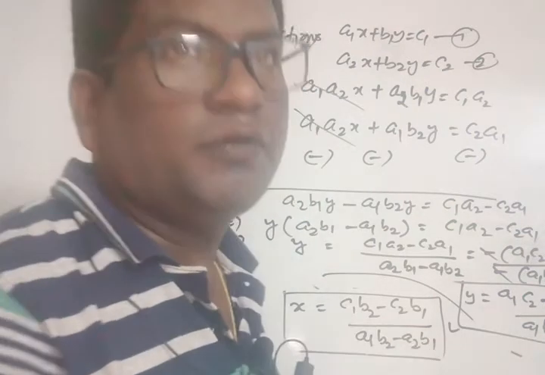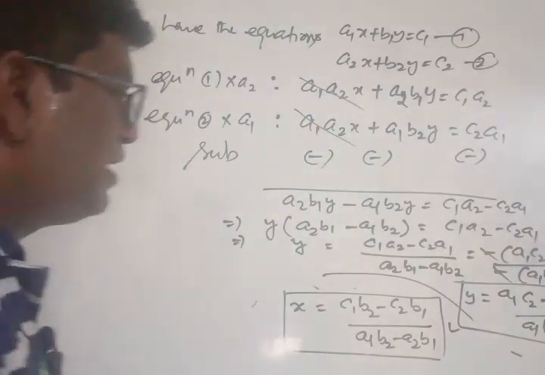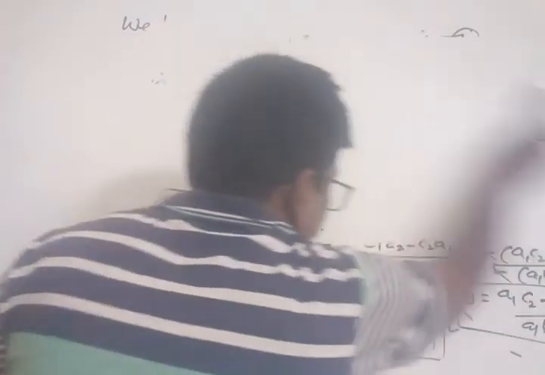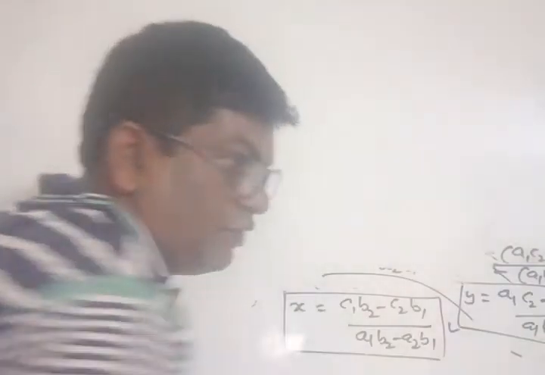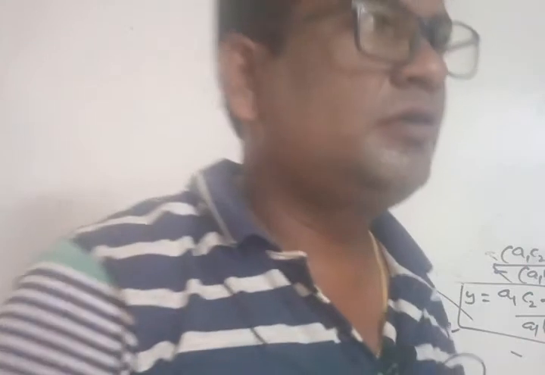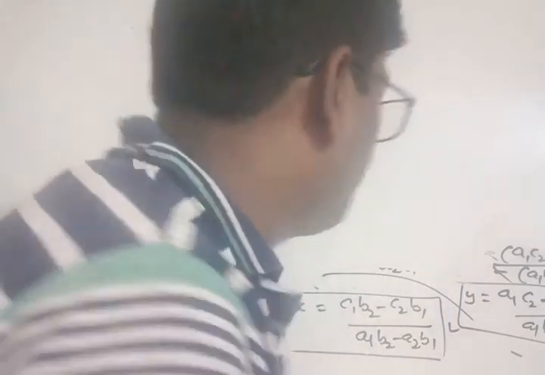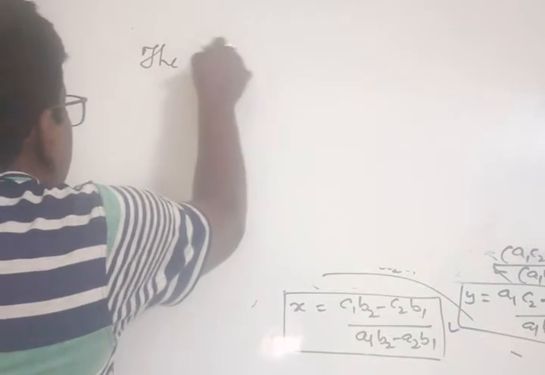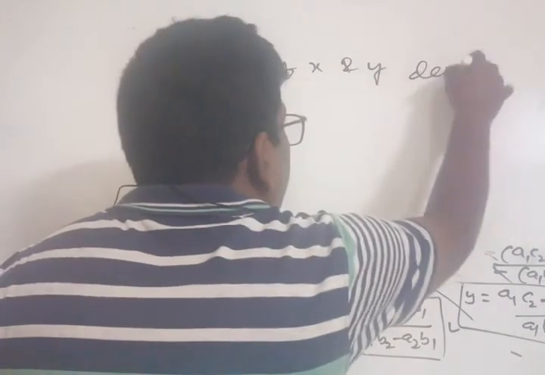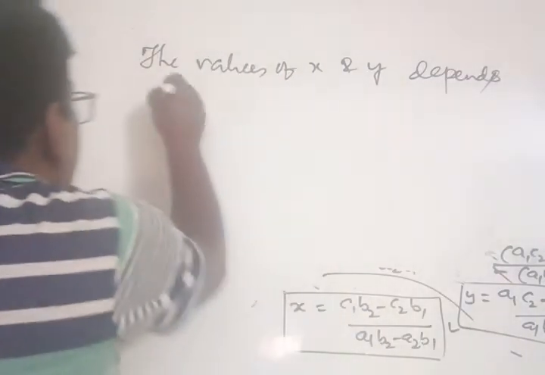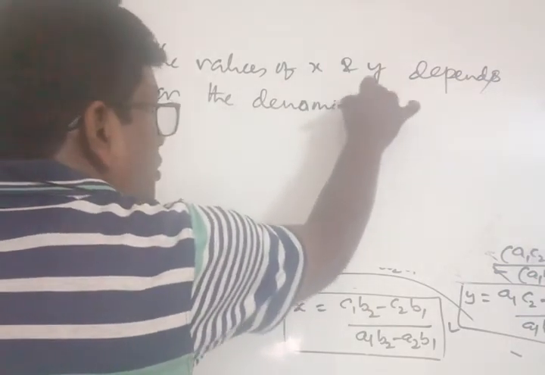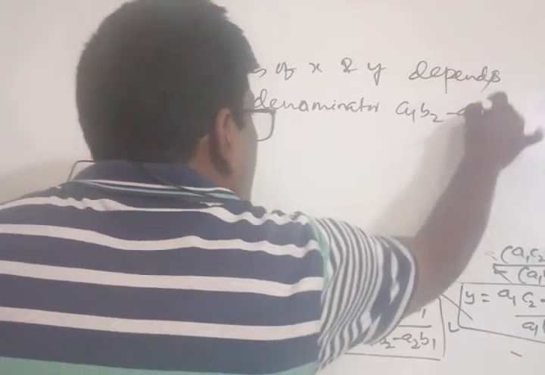The values of x and y depend on the denominator a1 b2 minus a2 b1.